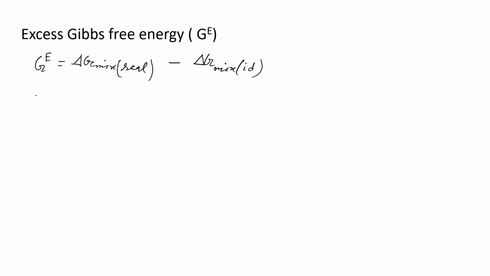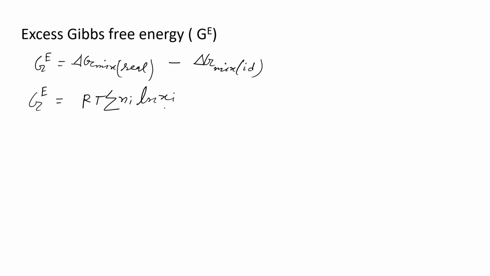Now we know the expression of delta G, the Gibbs free energy of mixing, that is equal to RT summation of Ni ln Xi.